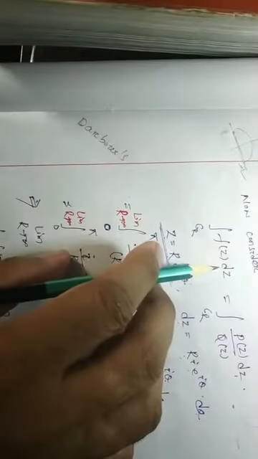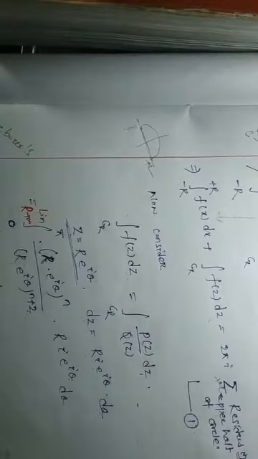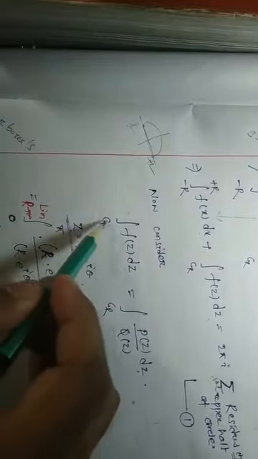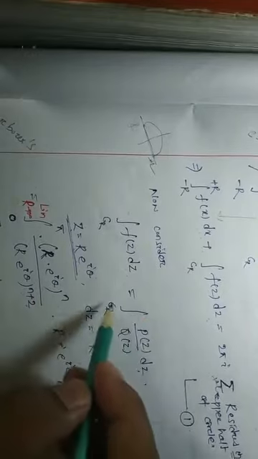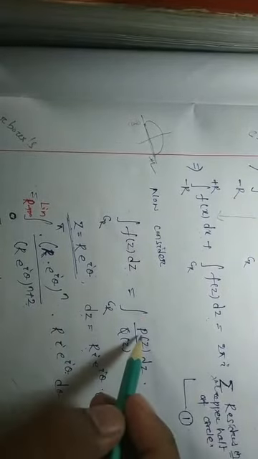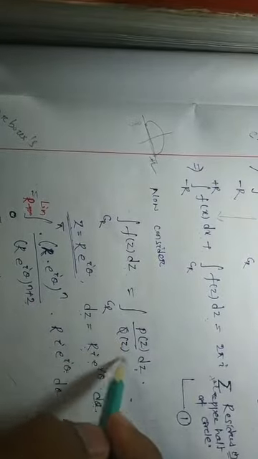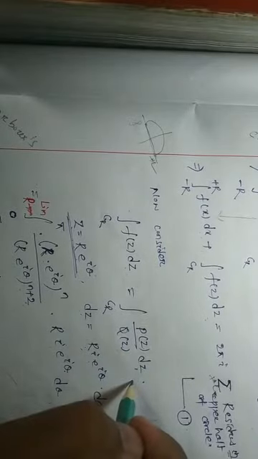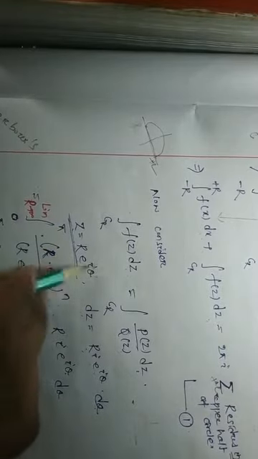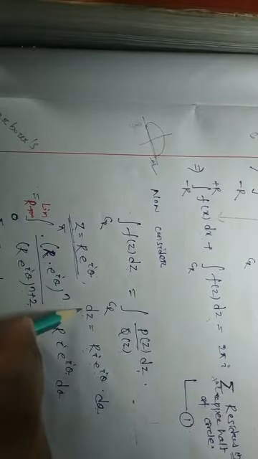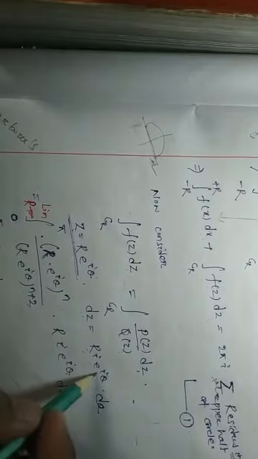Now consider the integral of f(z) dz over C_R. It will be the integral over C_R of P(z) by Q(z) into dz. Here, as we have taken z equal to r e to the power i theta, dz will be r i e to the power i theta d theta.